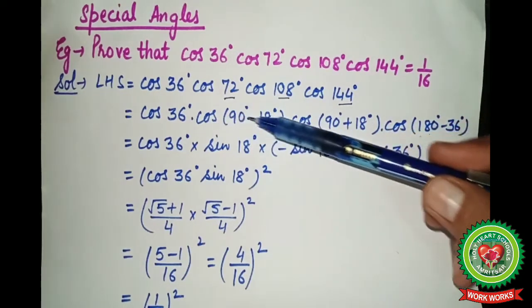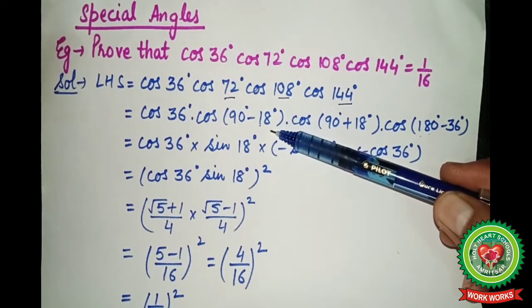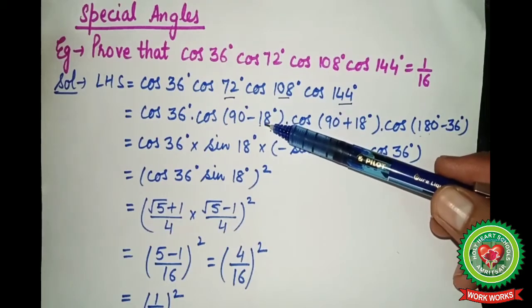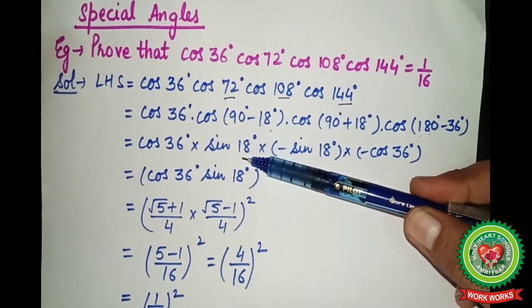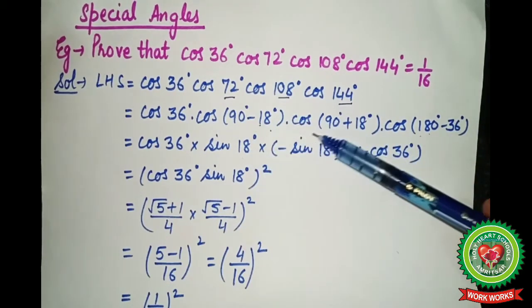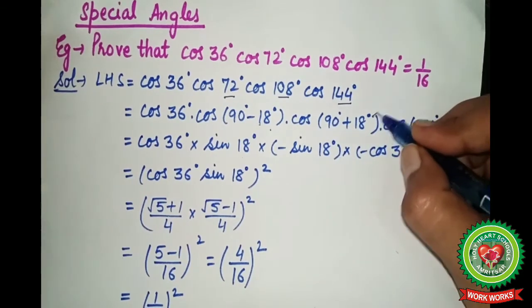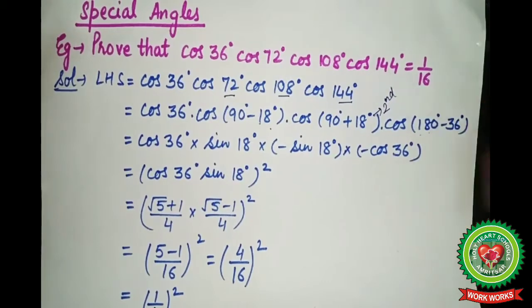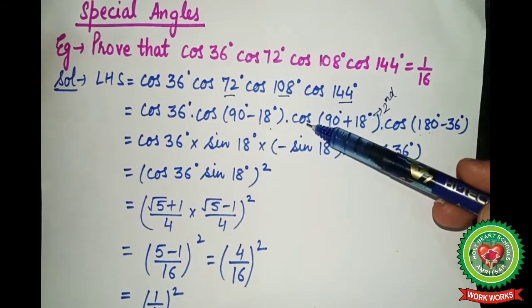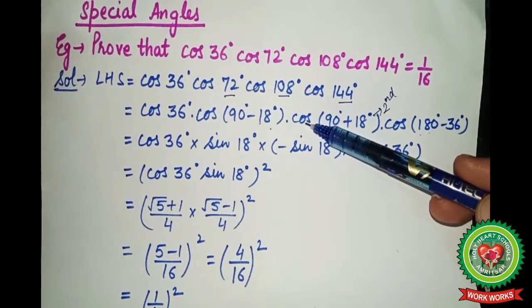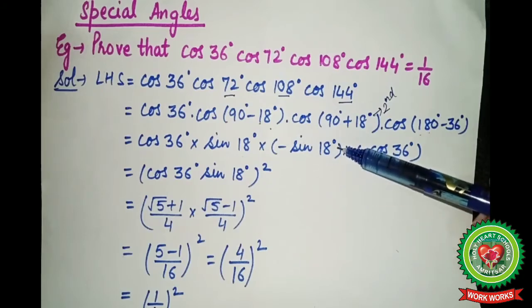Cos 90 minus theta is a complementary angle, so it changes to sin 18 degree. Second, cos 90 plus 18 degree is in the second quadrant. In the second quadrant, cos is negative. So the answer is minus sin 18 degree.